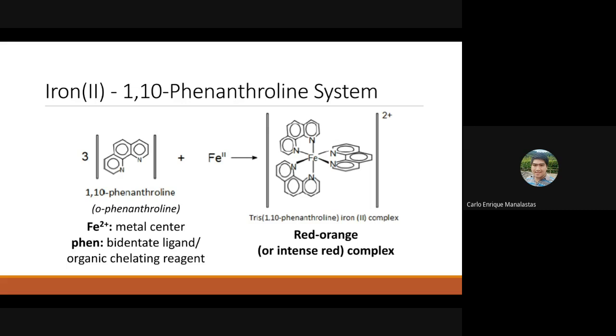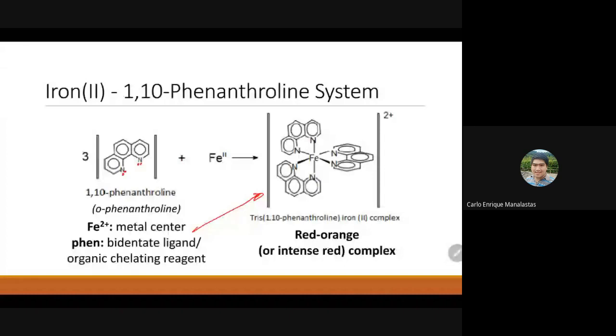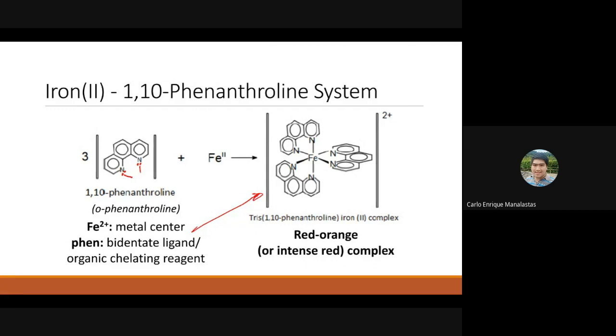So in this complex, you have your iron(II) as the metal center, and you have your 3 phenanthroline ligands. 1,10-phenanthroline is a bidentate ligand, meaning that your metal binds to it at 2 sites, which are the lone pair of electrons from the nitrogen atoms of the phenanthroline molecule.